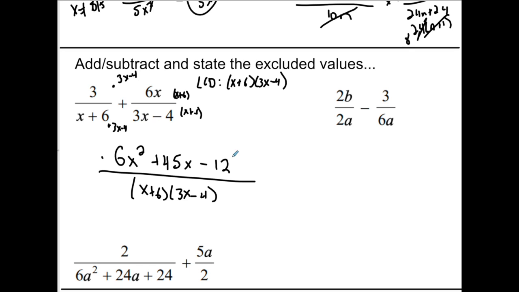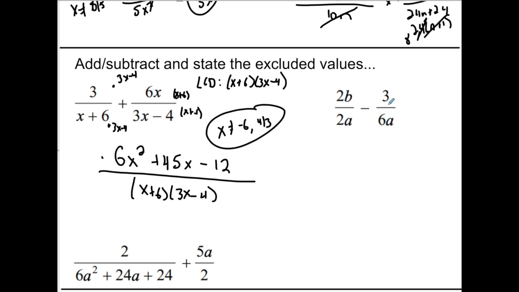Okay, so make sure you got the same thing as me there. Excluded values. Now I could factor out a 3 if I want. I'm not going to. Excluded values, -6 and 4/3.